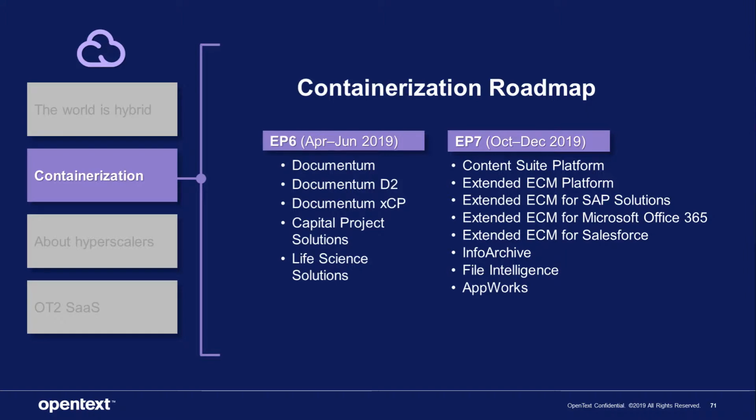So you can get that from iSupport the normal way. We deliver you all the deployment scripts. And with EP7, we will have that for our key flagship offerings: Content Suite Platform, the Extended ECM products, InfoArchive, File Intelligent, and AppWorks. So this is certainly something we invest a lot in, and we get lots of requests already from customers on that.